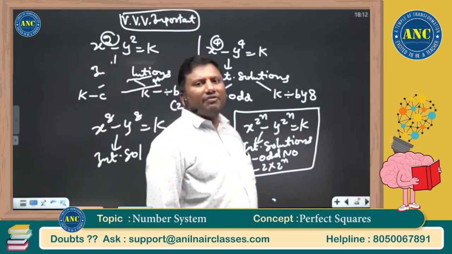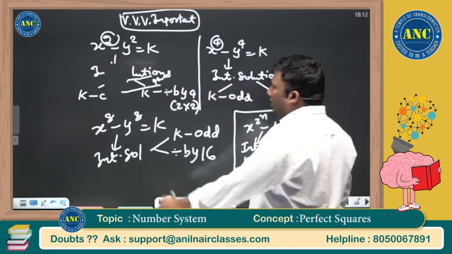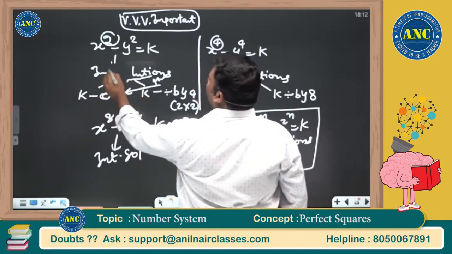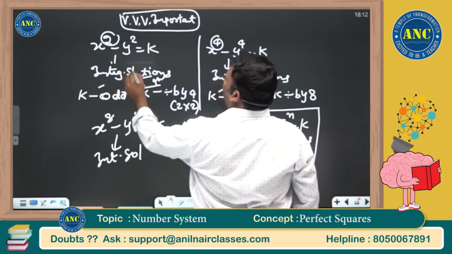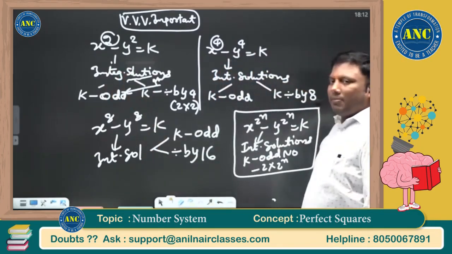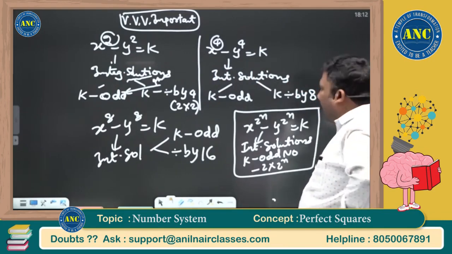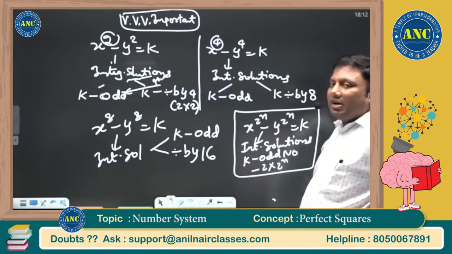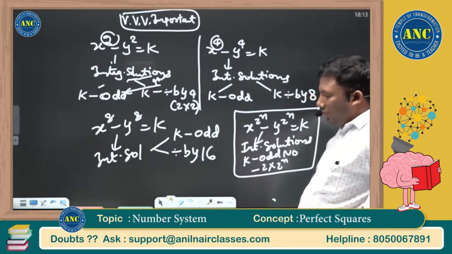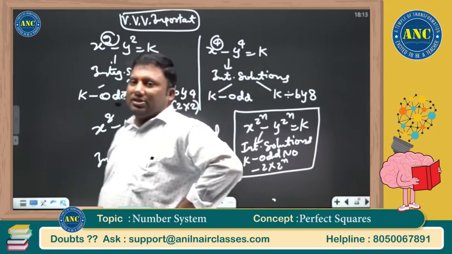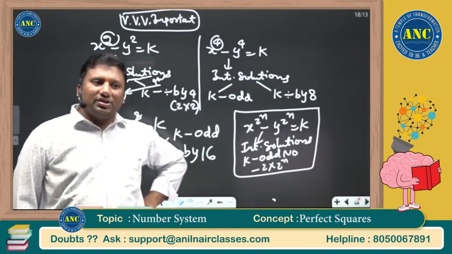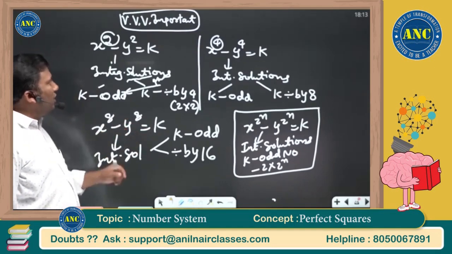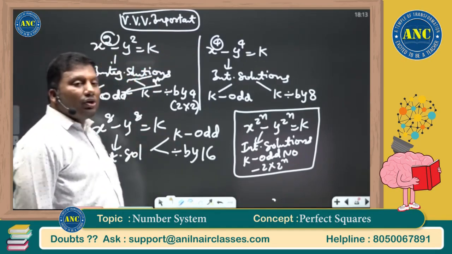We did this question, and from this question we developed a theme and concluded for all the questions: x square minus y square equivalent to K has integral solutions when K is an odd number or K is divisible by 4. Kindly take a screenshot of this. Very, very important. 16 is 2 into 8, 2 into 4 and 2 into 4.